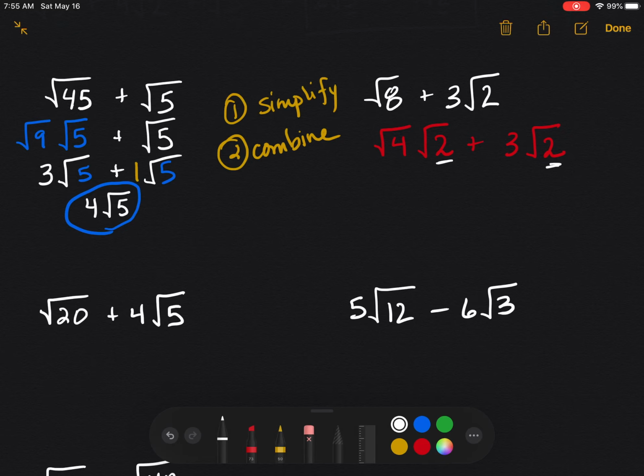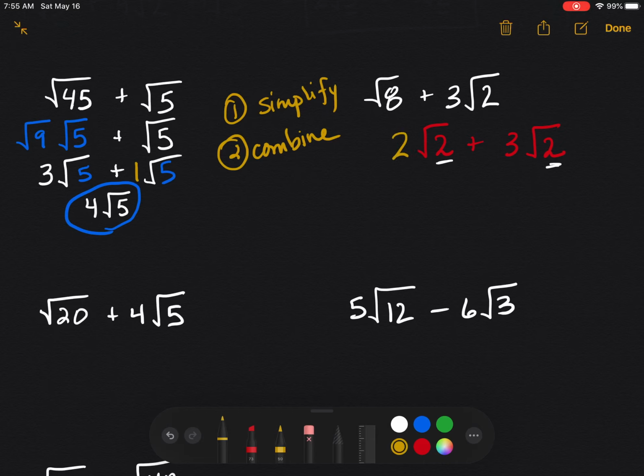Now, a couple of you were struggling with this, so I'm going to show you. Radical 4, okay? If I want to suck that out of the radical sign, I can take away the radical sign if I take the root. So in essence, I'm going to erase it here so that you can see it, this 4, when I take it out of the radical sign, poof, becomes a 2.